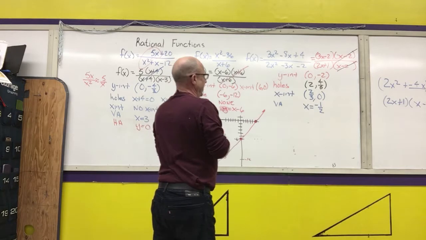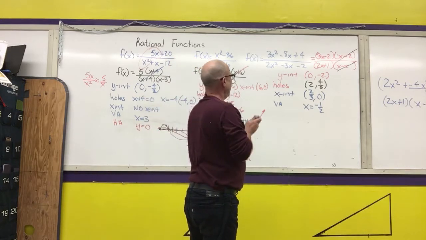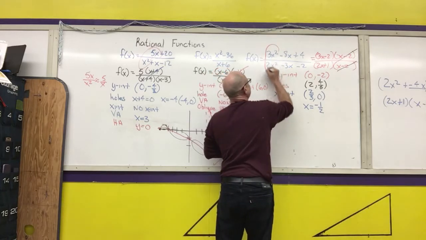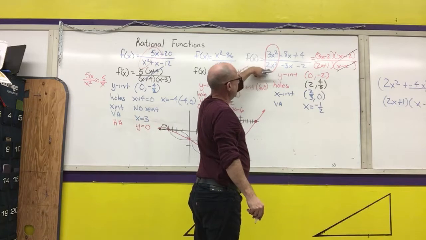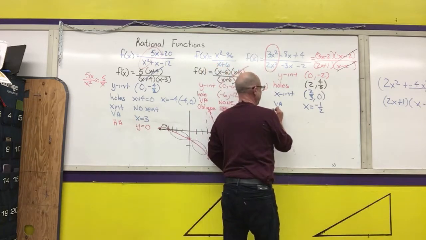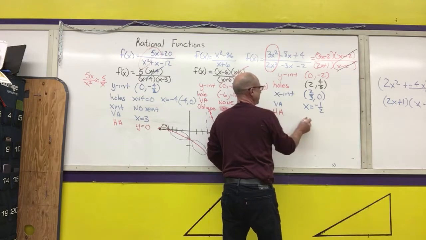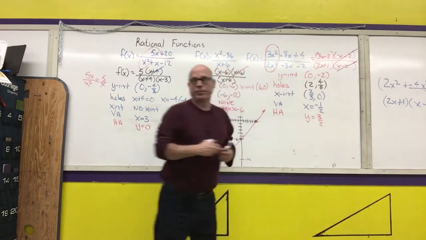I identify my end behavior of this graph by analyzing the leading term over the leading term. And my end behavior is going to be similar to 3x squared over 2x squared, which simplifies to 3/2. So I have a horizontal asymptote when y equals 3/2.